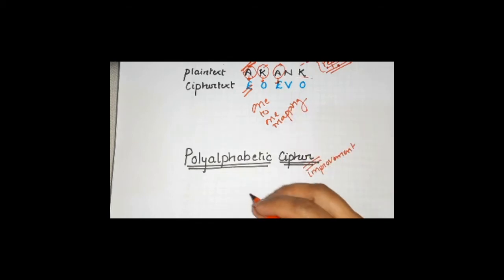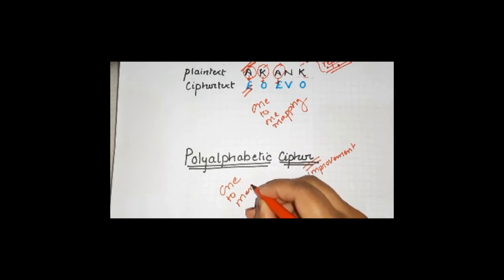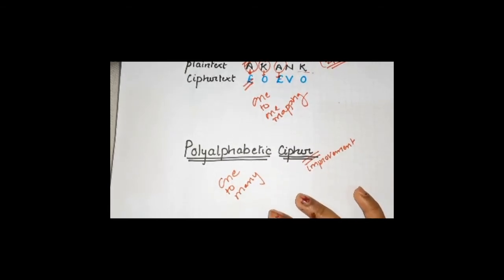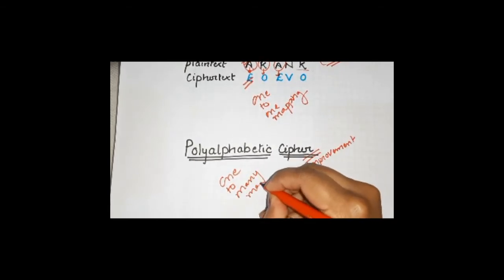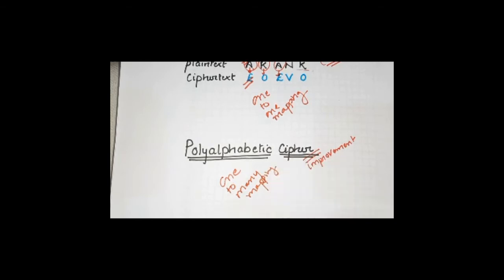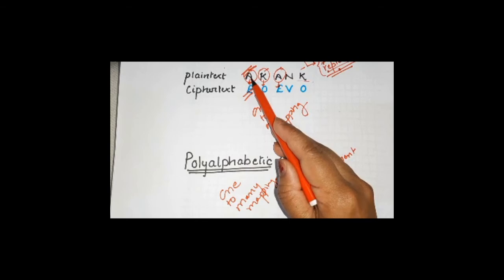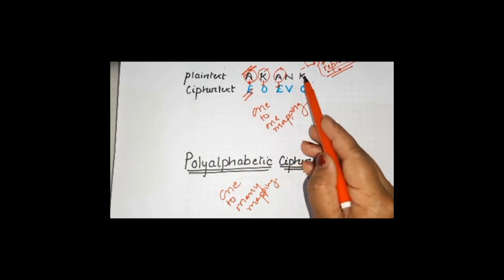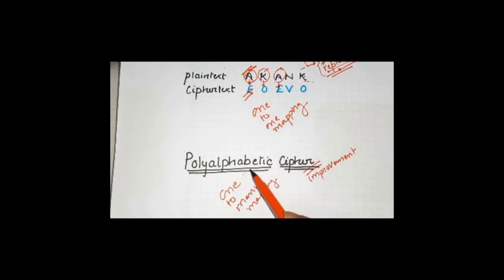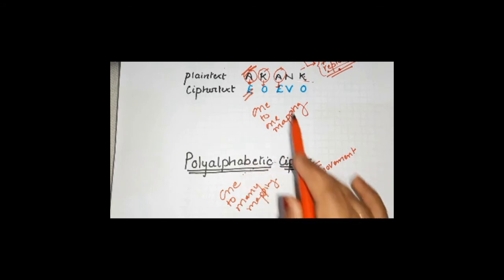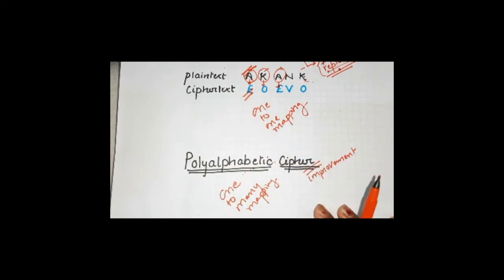Polyalphabetic cipher had one-to-many mapping, which means if A comes in the plain text again, it will be replaced by many alphabets, not just one, which was the case in monoalphabetic cipher.